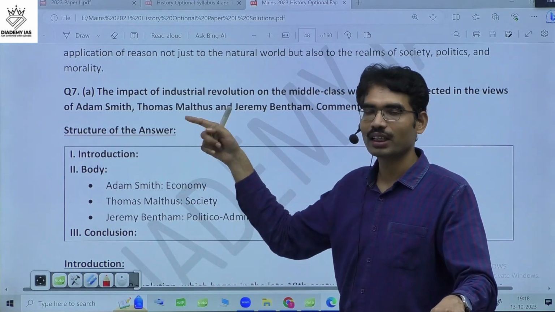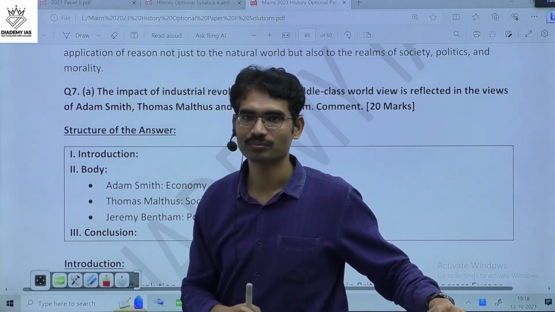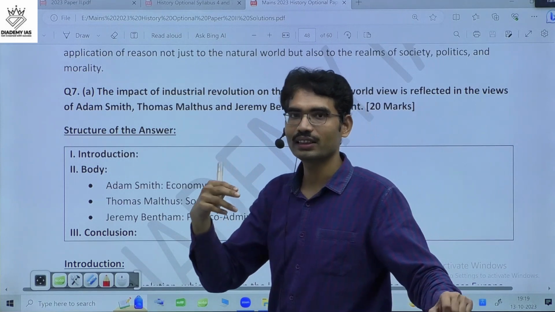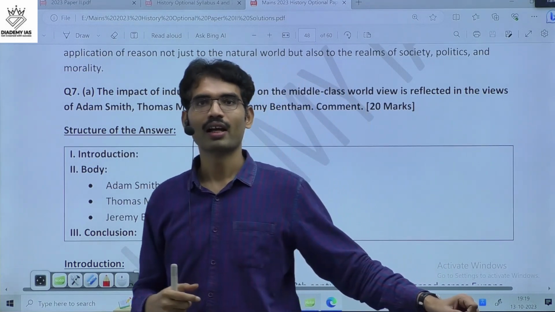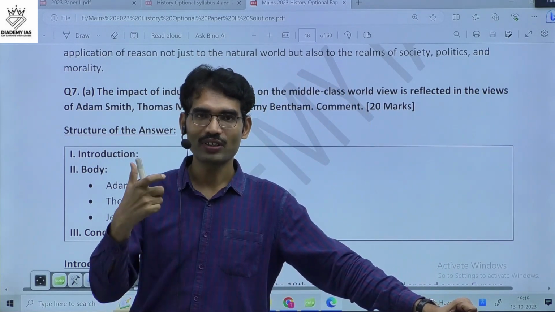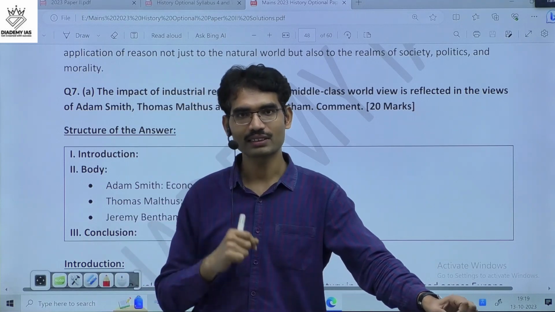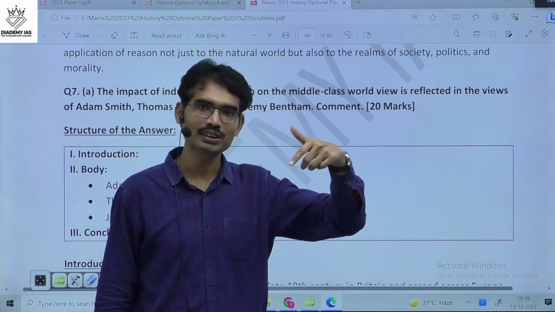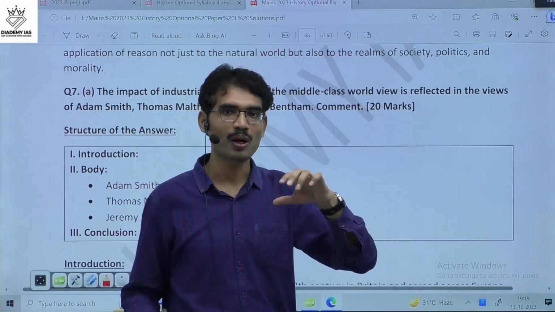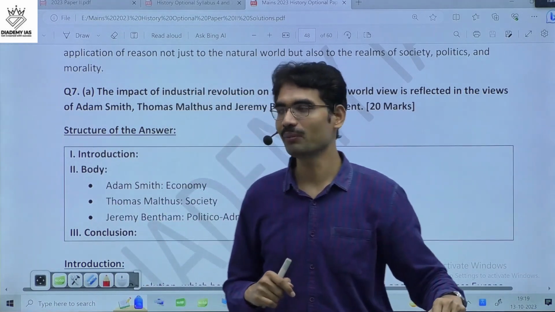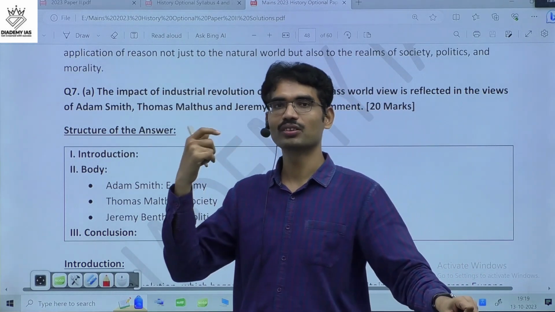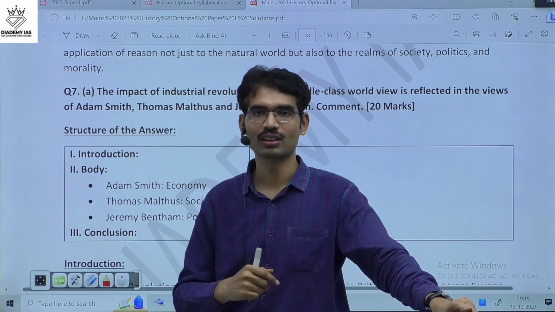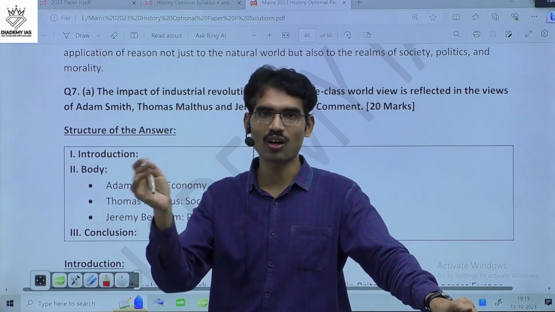Thomas Malthus, he talks about social sphere. He says this industrial revolution has created good health conditions, life expectancy increased. As a result, burden on land also increased. Population increased. Once population increases beyond certain limit, nature will have its own way of limiting the population through diseases, through famines, through droughts.